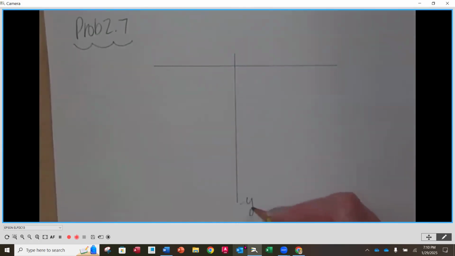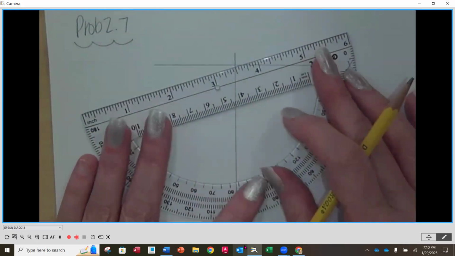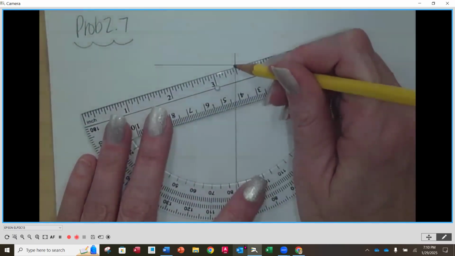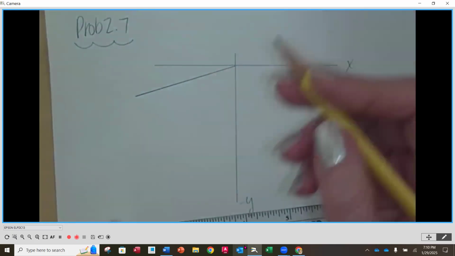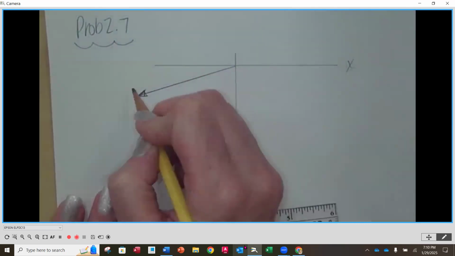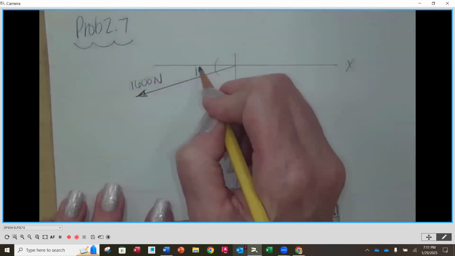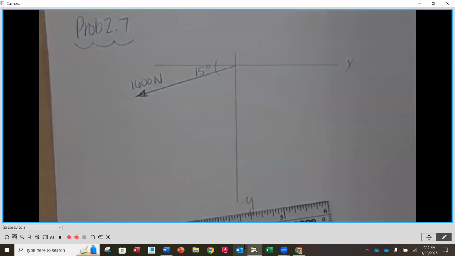So this would be the negative y, and this would be our x. Now, I always like to start with whatever we know the most about. So we know on the left-hand side here that we have 1600 newtons going down and to the left. So this is 1600 newtons, and this is a 15-degree angle.